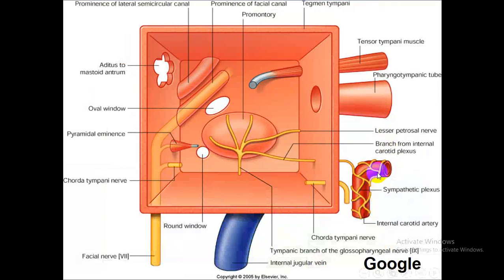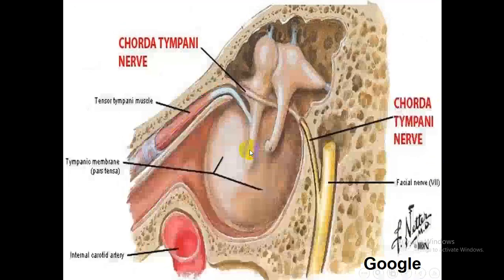This is the internal carotid artery وهاي sympathetic plexus اللي راح تكون حول الانترنال carotid artery راح تعطيلي branch للtympanic plexus تخترق الانتيريور wall واللي سميتونه caroticotympanic nerve to the tympanic plexus.